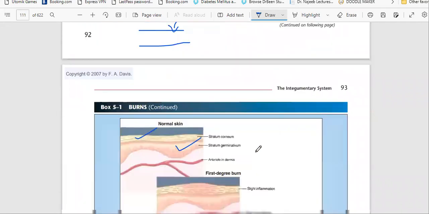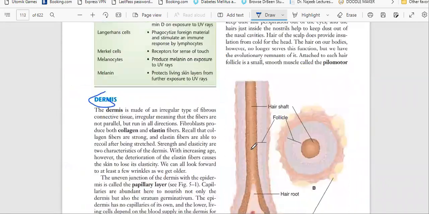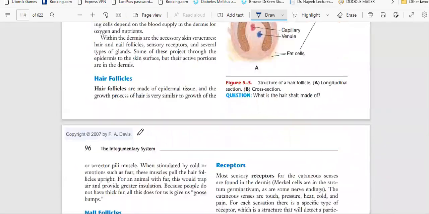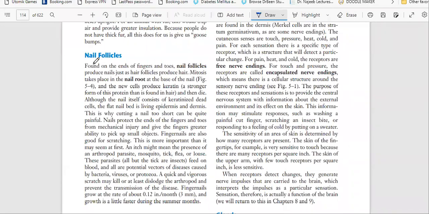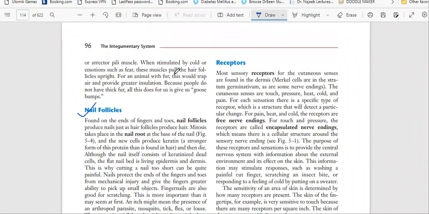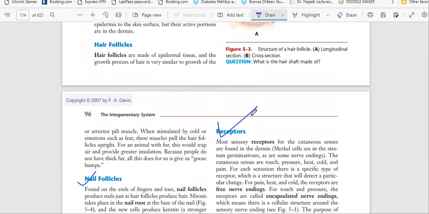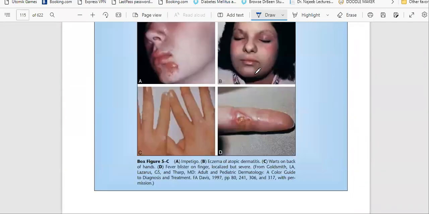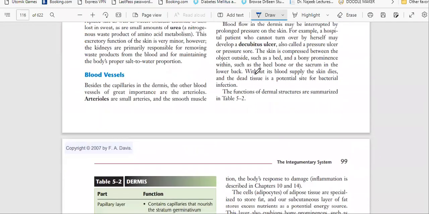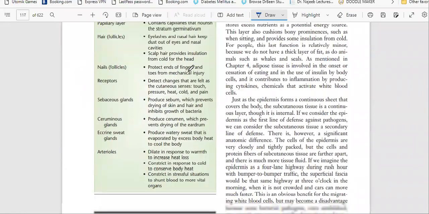These are the things we have. So in the dermis, we have hair follicles, nails, receptors, and the glands. And blood vessels are also there.